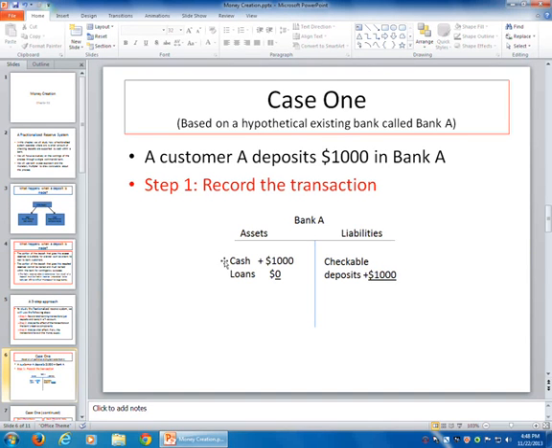So the bank gets $1,000 extra based on this customer deposit, and the bank is also liable to this customer for $1,000 because he or she presumably is putting the money in their checking account. So we recorded the transaction. On the asset side, cash goes up $1,000. On the liability side, demand deposits go up by $1,000. So both sides are in balance.